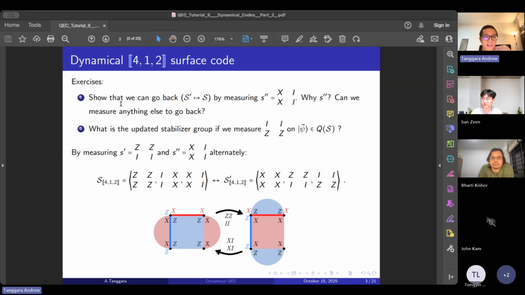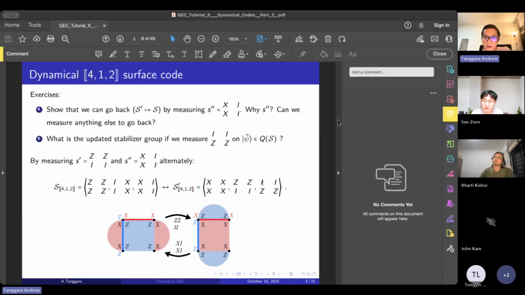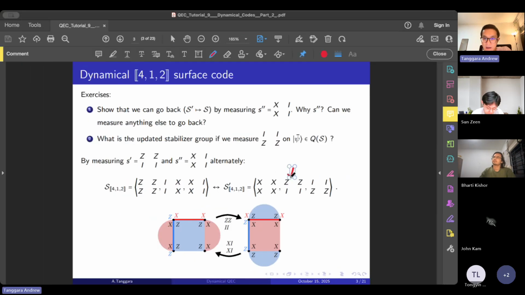So I put down these two exercises last week. Can you go back to this S by measuring this? Indeed, you can. The reason why this XX is on these two left qubits is because these two stabilizers, this guy and this guy, are going to anti-commute with this S prime prime.